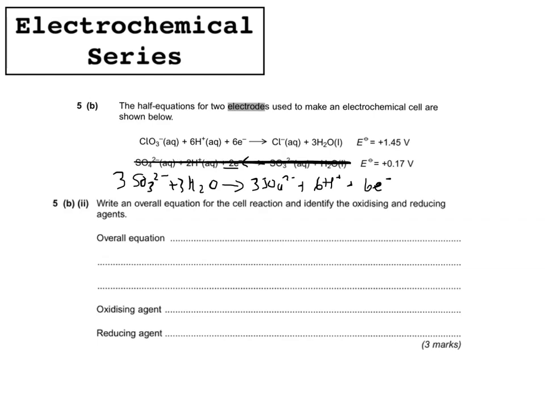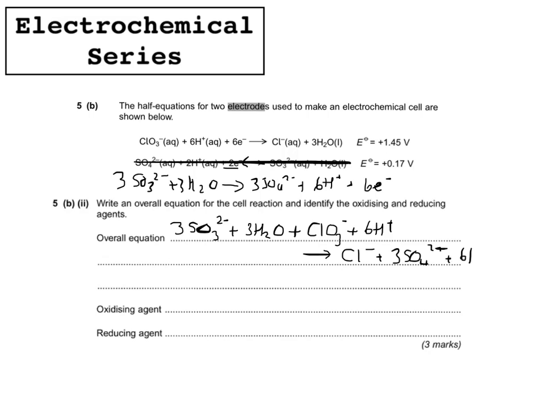Just swap that around. So the overall equation is going to be 3SO3 2- plus 3H2O plus ClO3- plus 6H+ goes to make Cl- plus 3SO4 2- plus 6H+ plus 3H2O.